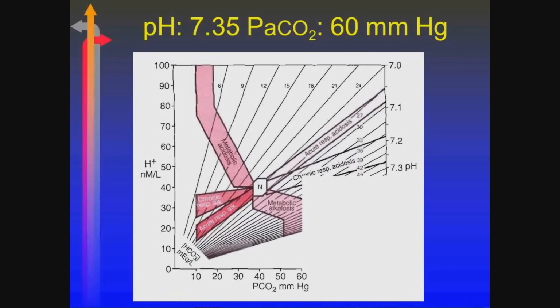It's right between the two. Got it? Where do you see the bicarbonate? It's right here. This is 30. This is 33. Oh, okay, got it. So maybe 31 and a half. So line up the pH, line up the PCO2, and that's where we fall. Not only does it tell us what the bicarbonate calculated would be, but it also says, hey, this is a chronic respiratory acidosis problem. I like it.